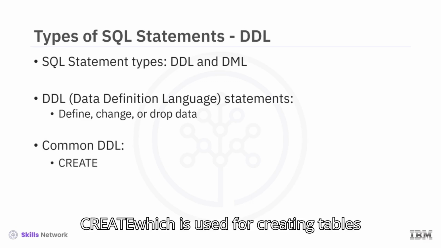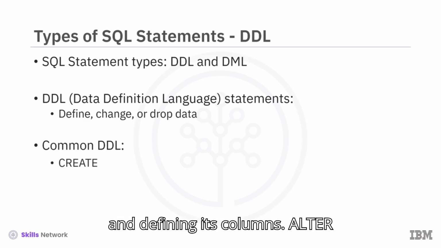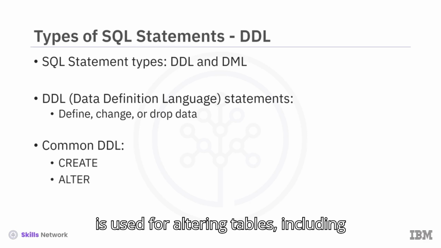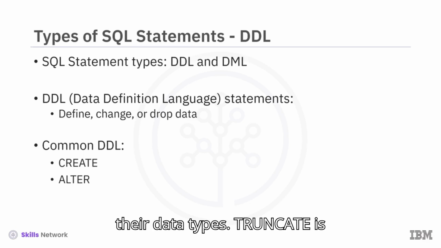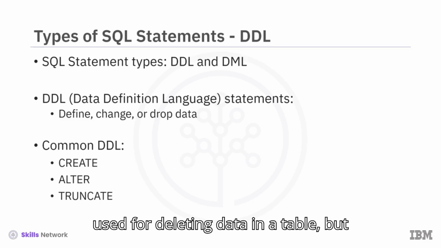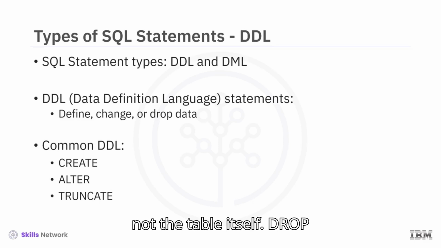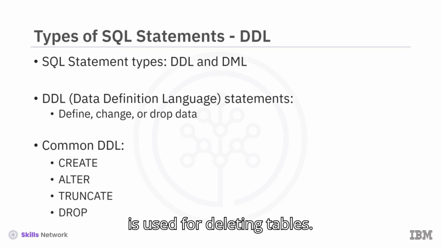Create is used for creating tables and defining its columns. Alter is used for altering tables, including adding and dropping columns and modifying their data types. Truncate is used for deleting data in a table, but not the table itself. Drop is used for deleting tables.